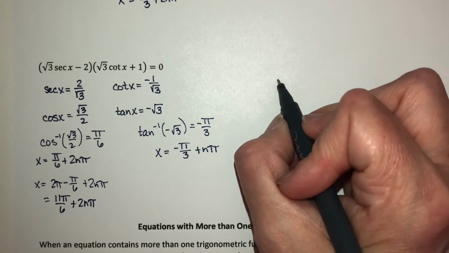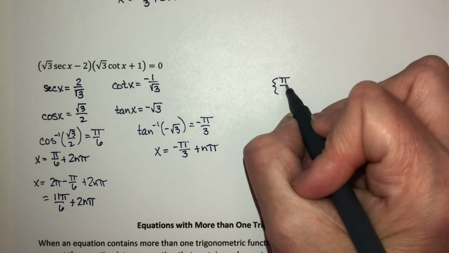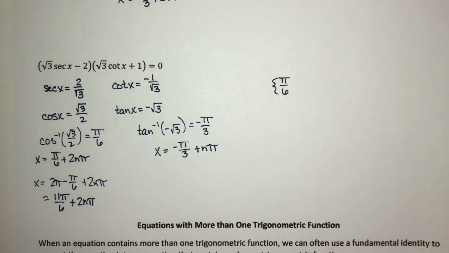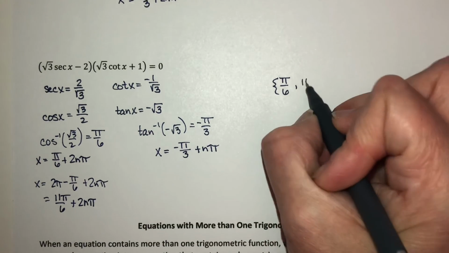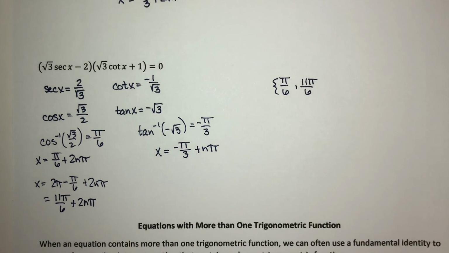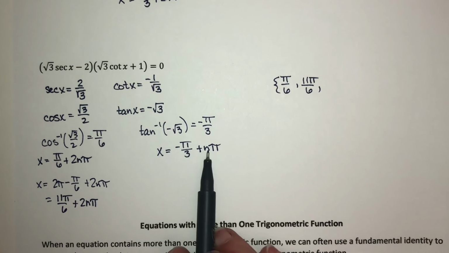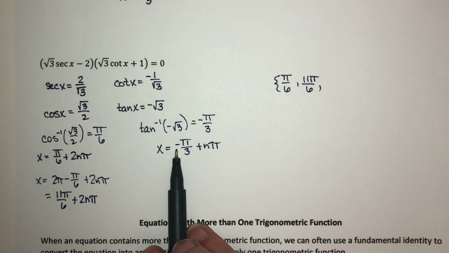Okay, so our solutions. Here we have pi over 6 that comes when n is 0. And if n is 1, we're adding 2 pi, which makes it too large. If n is 0 here, we have 11 pi over 6. And then if we add 2 pi, then we're too large. Here, if our n is 0, we have a negative, which is too small.